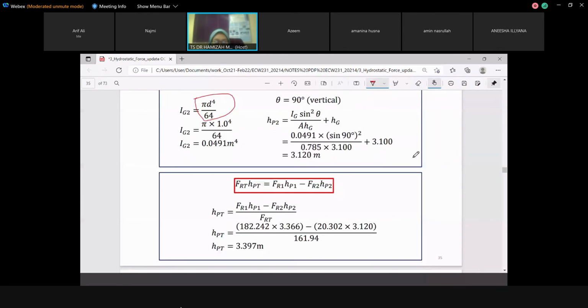Okay, and finally you can have the HP total, which is force R1 darab HR1 minus force for 2 and the height for 2. Okay, this is we calculate the average lah. Bagi dengan total of FRT, you have the HP total 3.397.